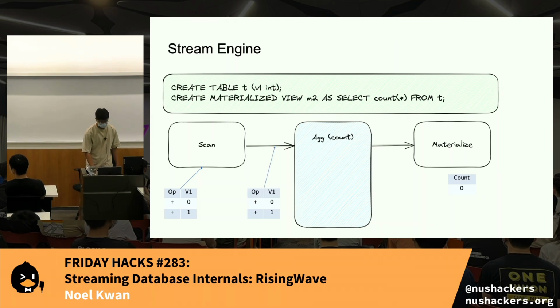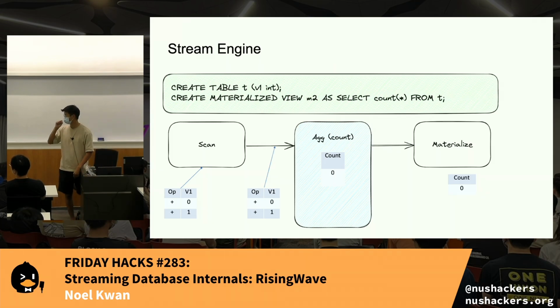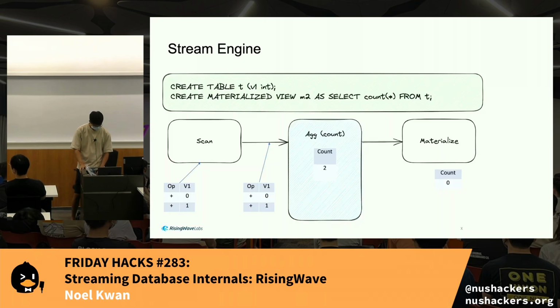So for aggregates, this is actually a stateful operator. Remember earlier where I went through the example of count? You actually need to persist some state inside so that we can update it incrementally. So the same concept applies here. For count, you have to keep track of the current count, and then just add 2 because there are 2 records going in.